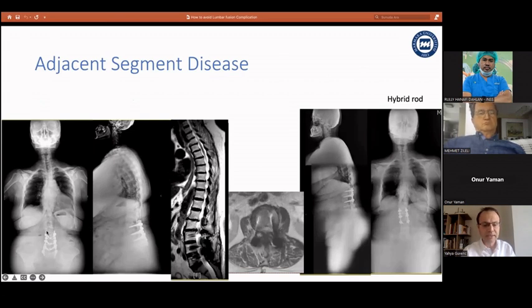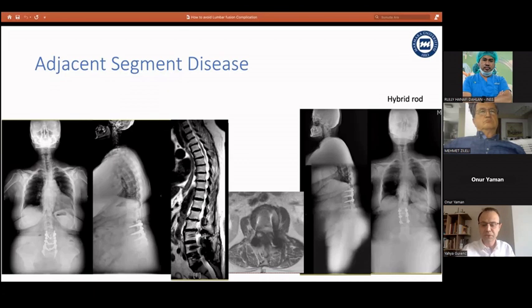There is a fusion. We accepted this patient. We removed all of the screws and added new screws. We made compression here. But the important thing here is that there is a degenerative segment and minimal listhesis. So we added instrumentation here, and we used a hybrid construct to prevent new adjacent segment disease in the future.